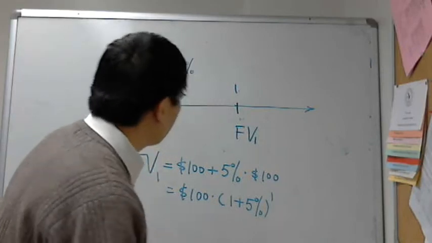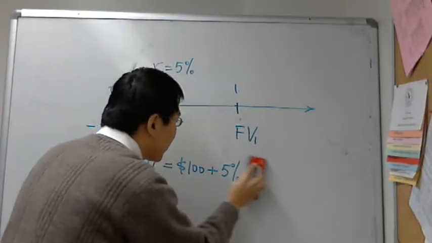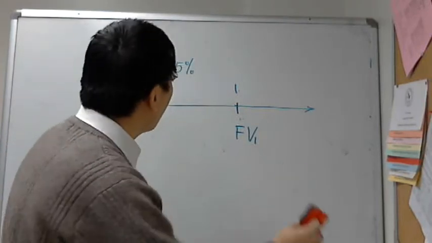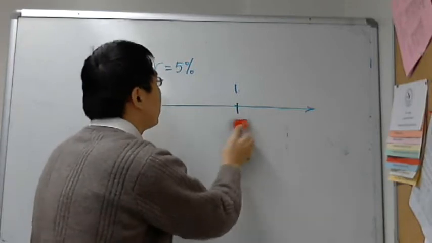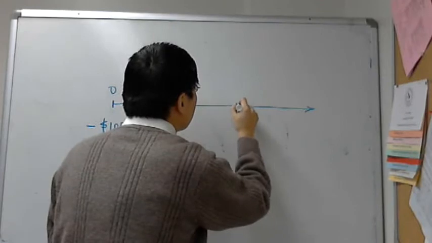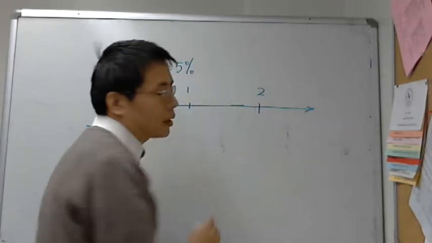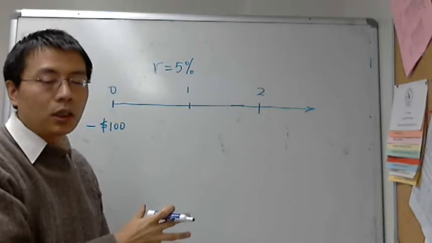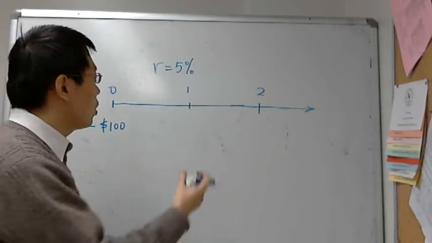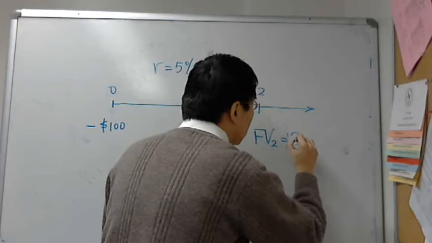Now I'm going to make this example a little more complex. So instead of saving for 1 year, let's assume this investor is going to save for 2 years. So we are looking at a 2-year, 2-period investment problem. We want to know the balance of this account by the end of year 2.